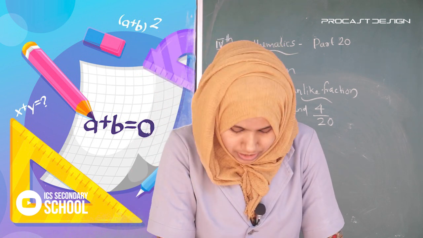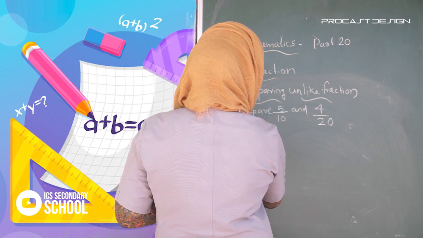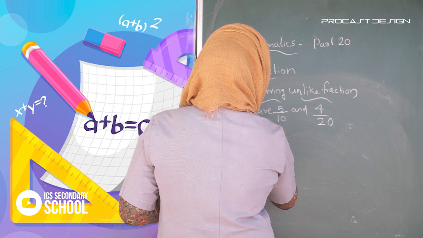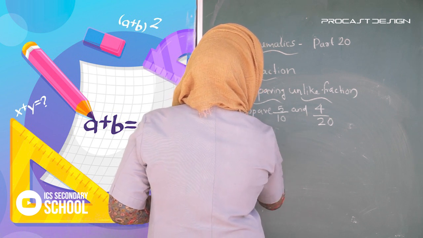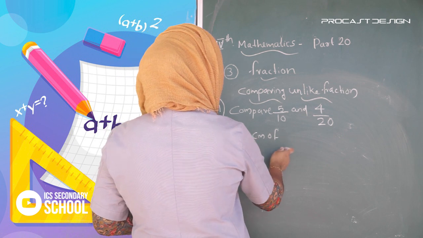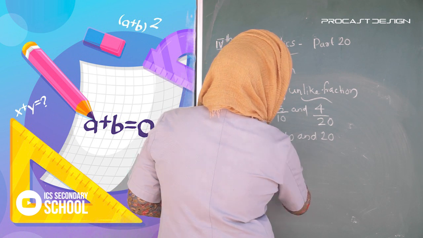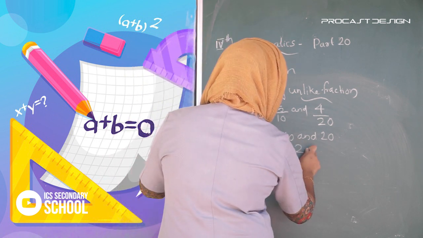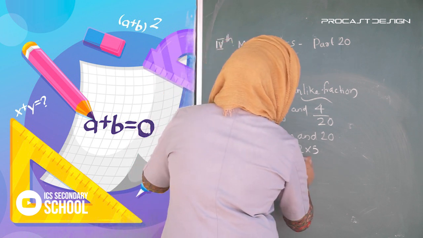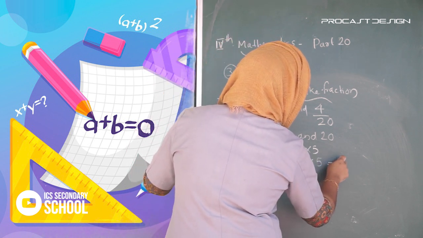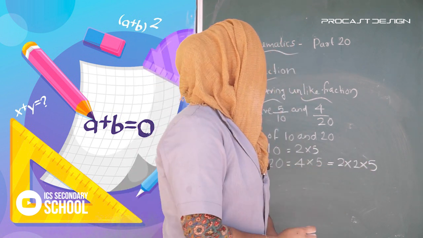LCM of 10 and 20. 10 is 2 into 5. 20 is 4 into 5, and 4 means 2 into 2 into 5.